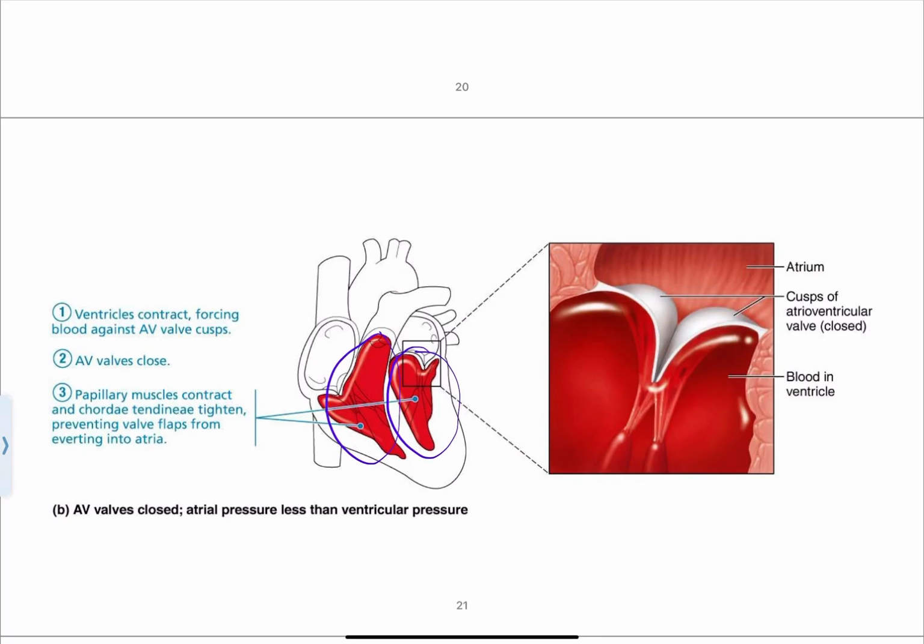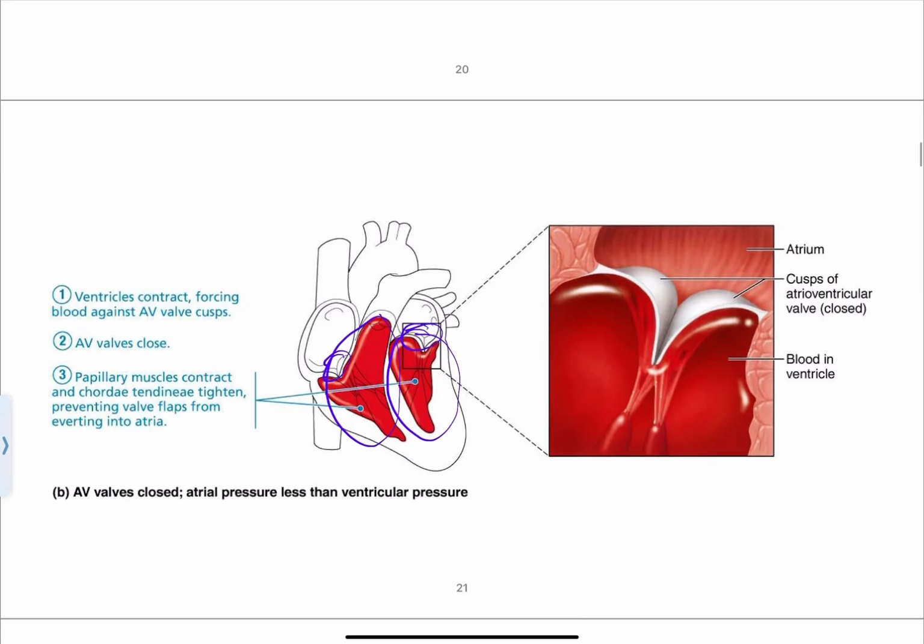The next thing that happens very quickly after they're filled is that our ventricles contract. When our ventricles contract, that forces the blood against the AV valve cusps, connecting the atria and the ventricles, and pushes those valves closed. It's also going to cause our semilunar valves to open.